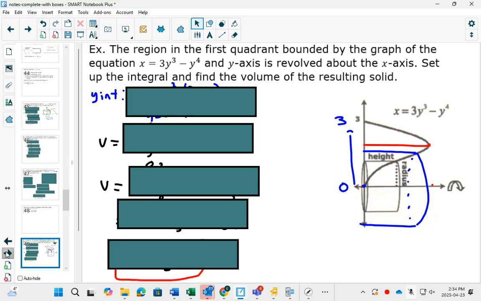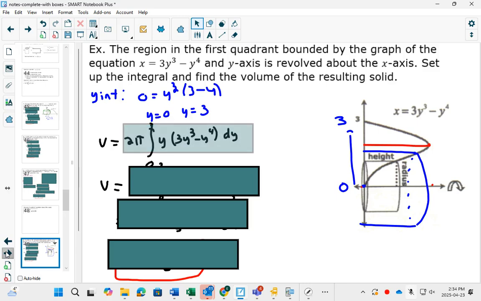Okay, but we could easily figure out these two y-intercepts by plugging in 0 for x and solving for y. Factors nicely. 2 pi r. So now the length of your cylinder when it's opened up is the circumference.